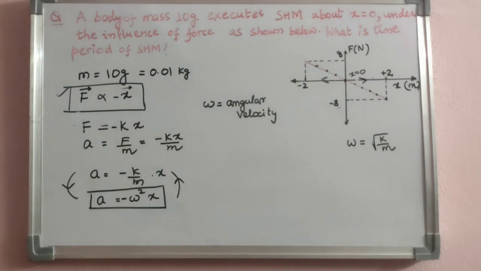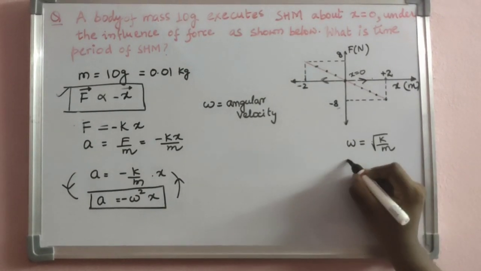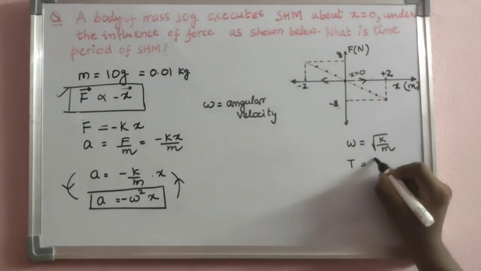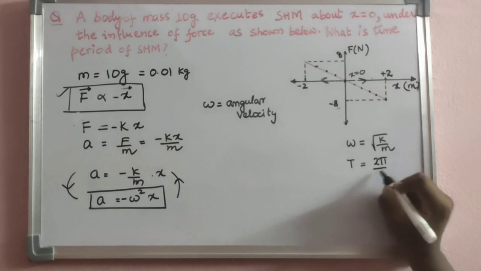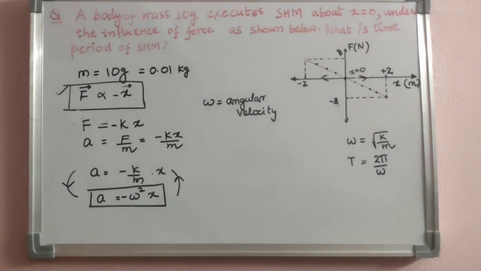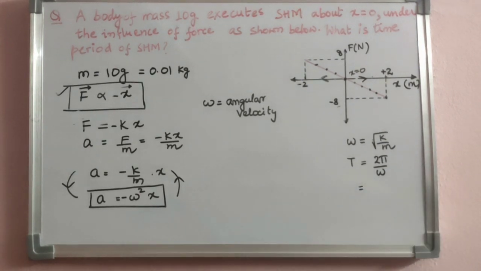Clear? So what are we supposed to find here? We are asked to find the time period. Time period is equal to 2 pi by omega. What is the value of omega? Under root of k by m.